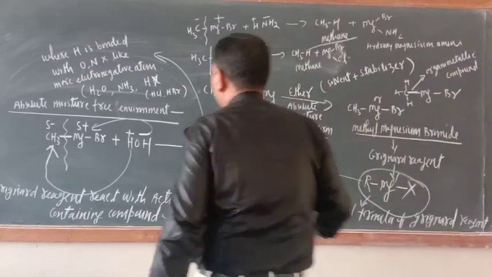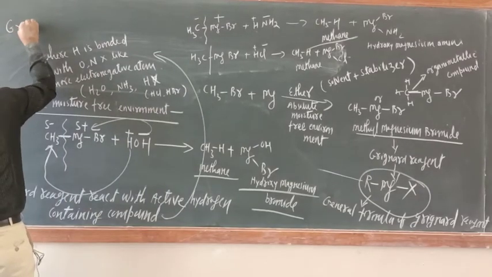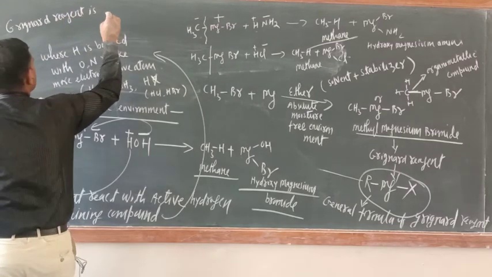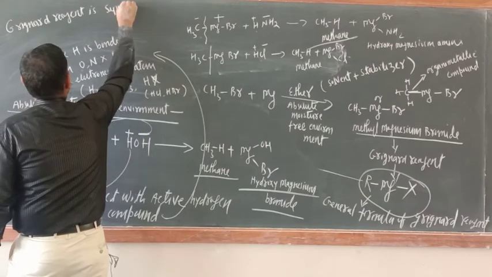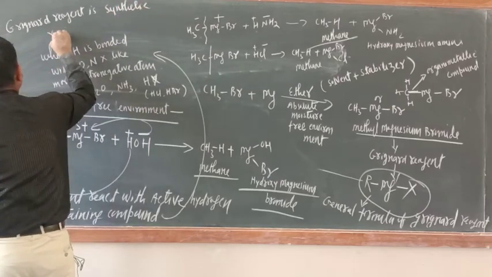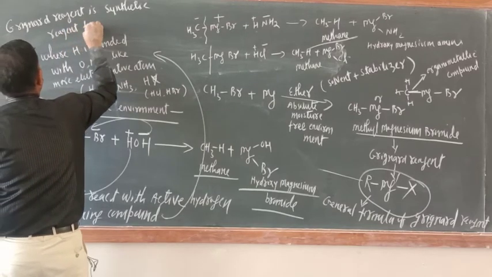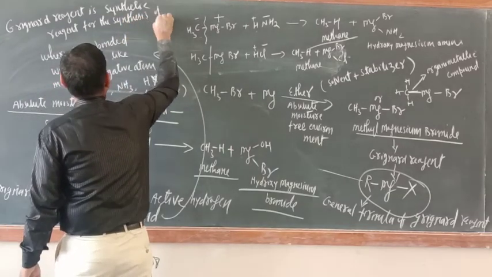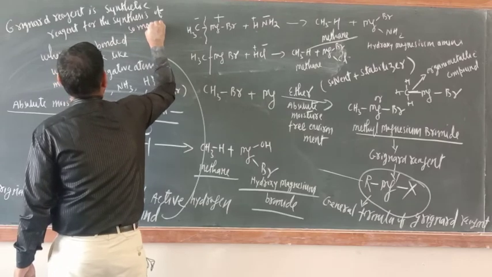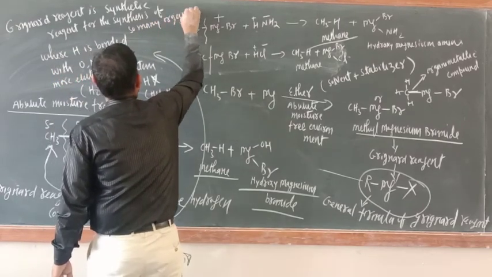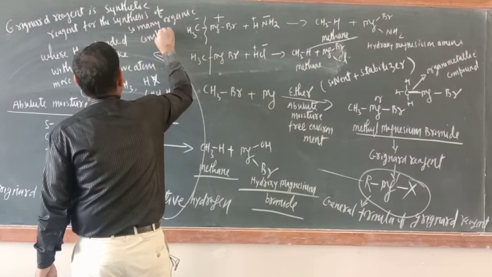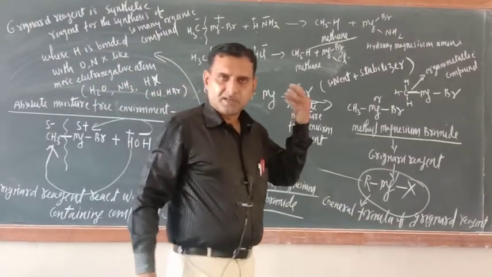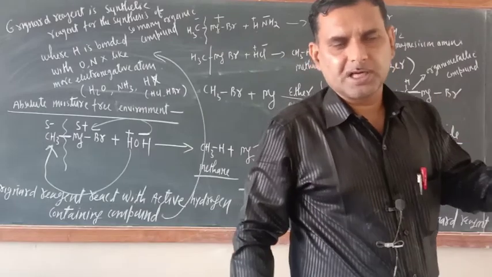So just one line you write: Grignard reagent is a synthetic reagent for the synthesis of so many organic compounds like alkane, ether, aldehyde, carboxylic acid, etc.